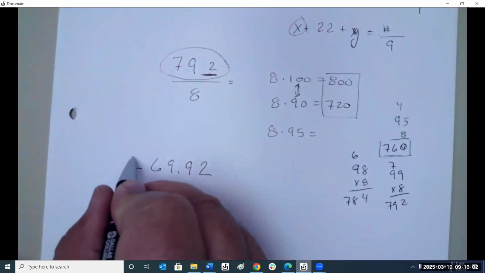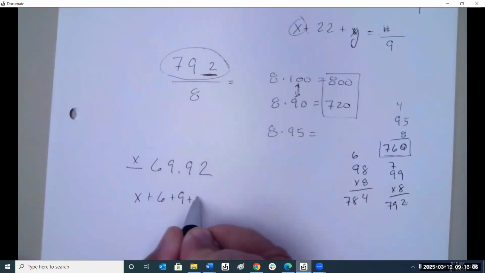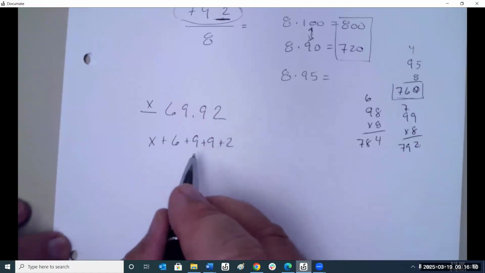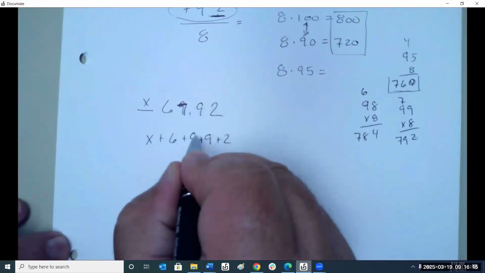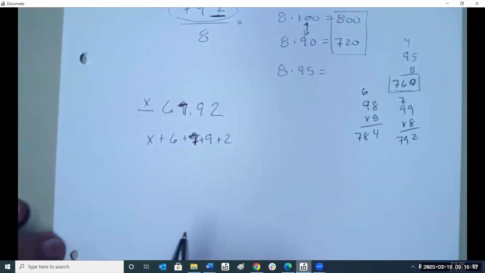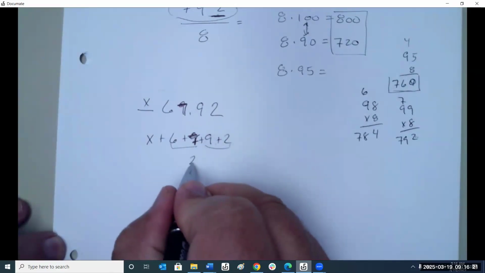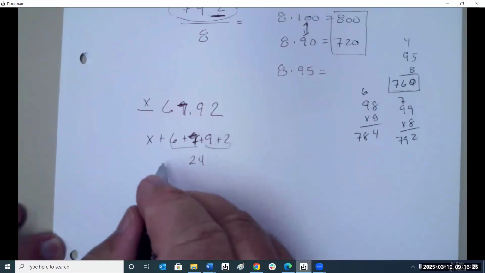So now we can add up these numbers. Oh, 7, 7, yes, 7. So it's 13 plus 11 is 24.